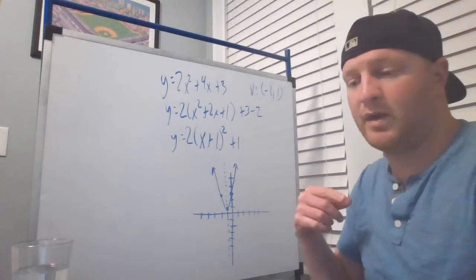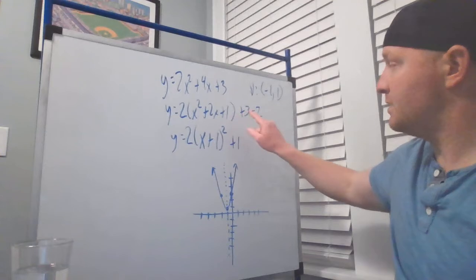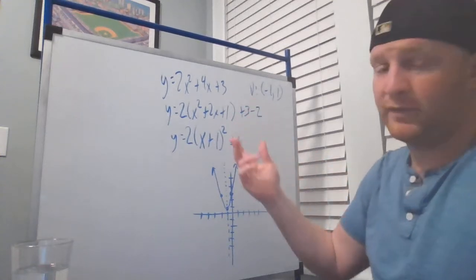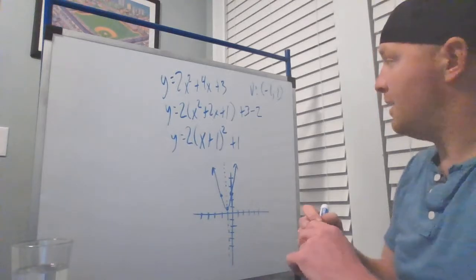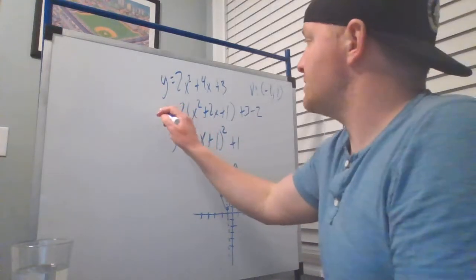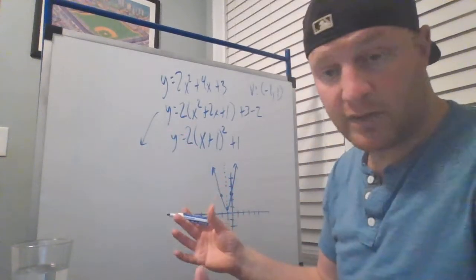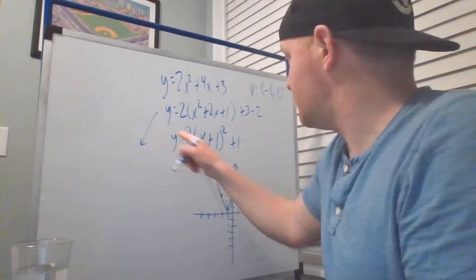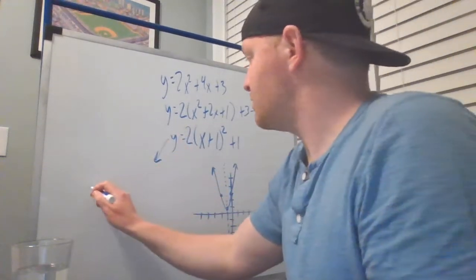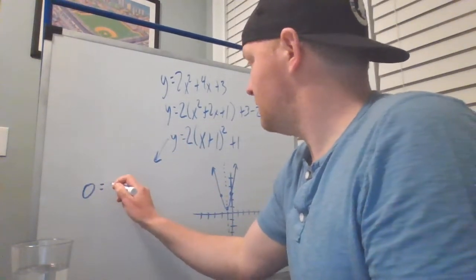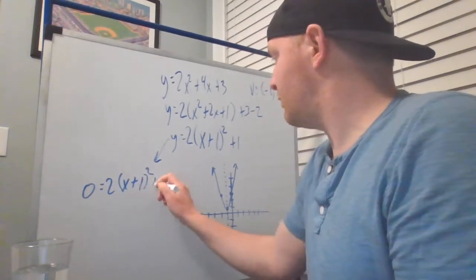Now, if some of you are wondering how I was able to figure that out way up here, if I were to solve for this, and again, this is maybe a good mistake on my end, because we were getting some answers like this in today's work. So if I wanted to solve for the roots, the zeros of this quadratic, I'll use this one right here, and I'll replace y with 0. 0 equals 2 times x plus 1 squared plus 1.